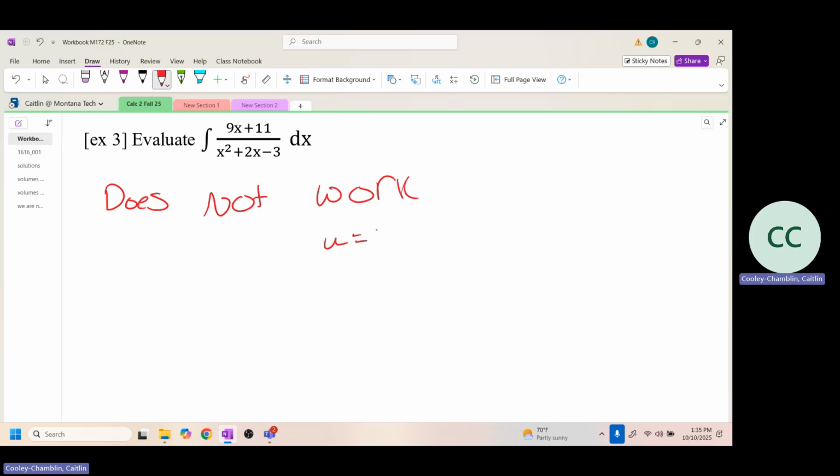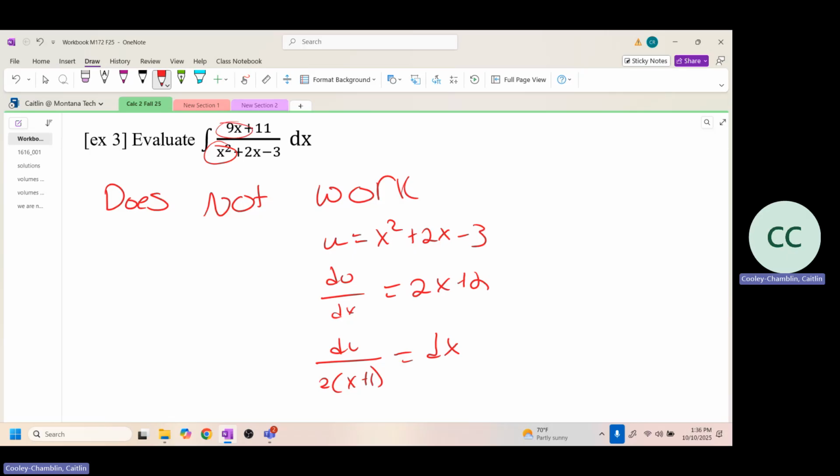Let u equal x squared plus 2x minus 3; du over dx equals 2x plus 2. So du would be 2 times x plus 1 dx. That's a fine assumption because we have an x squared here and an x on top.